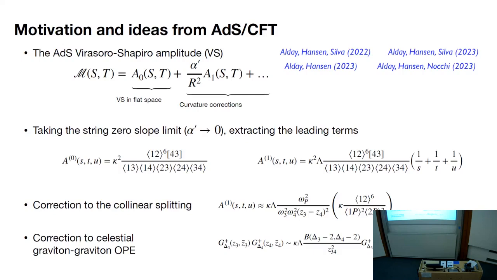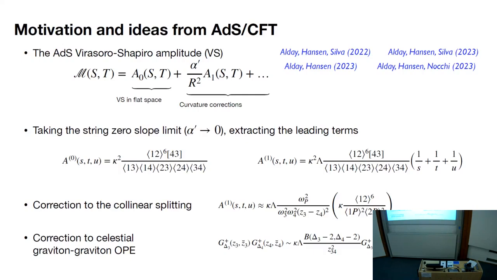Our idea is to take the field theory limit of their results and then try to extract how the cosmological constant affects the collinear splittings for the amplitudes. So we naively take the field theory limits of their results. For the Virasoro-Shapiro, we get the usual tree-level 4-point amplitudes for gravitons. And from their curvature corrections, we get terms containing the cosmological constant.